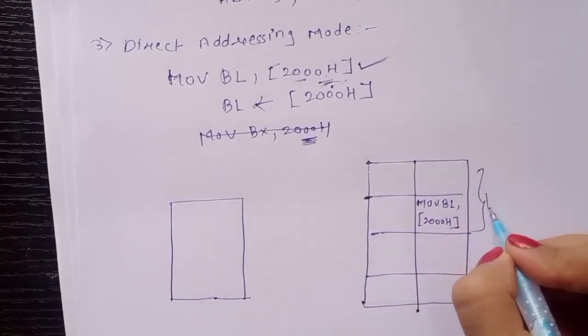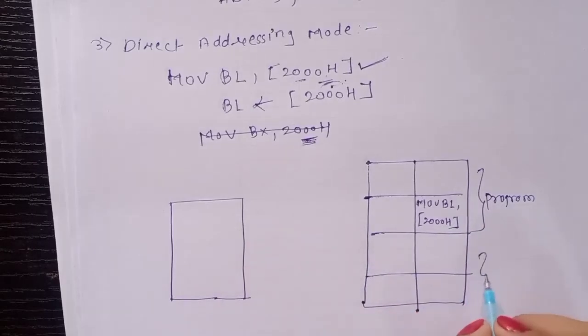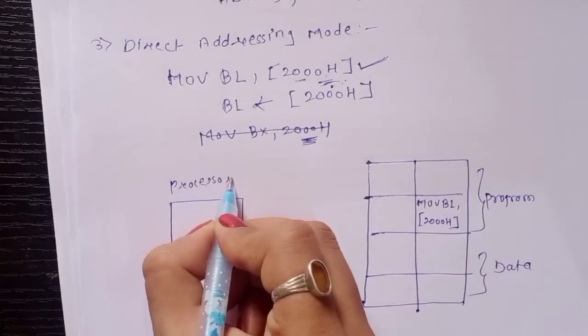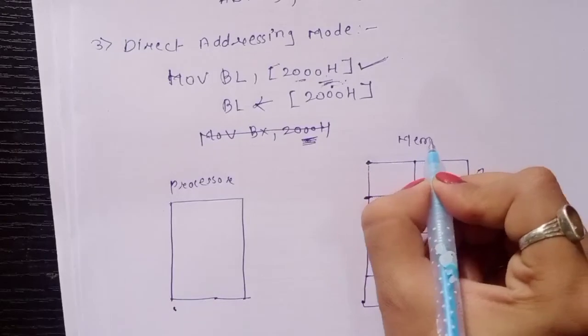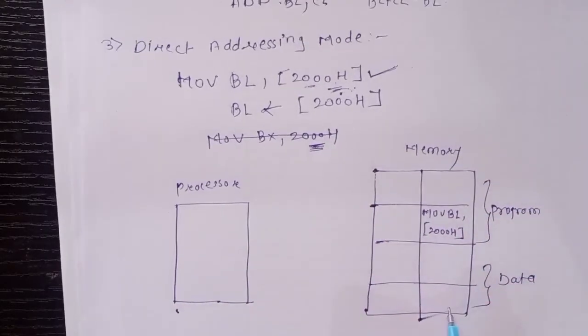In the upper part of memory, programs, that means instructions, are stored. In the lower part of memory, data is stored. So this is your processor, this is memory. Instructions are stored in the memory, and here data is stored in the memory.